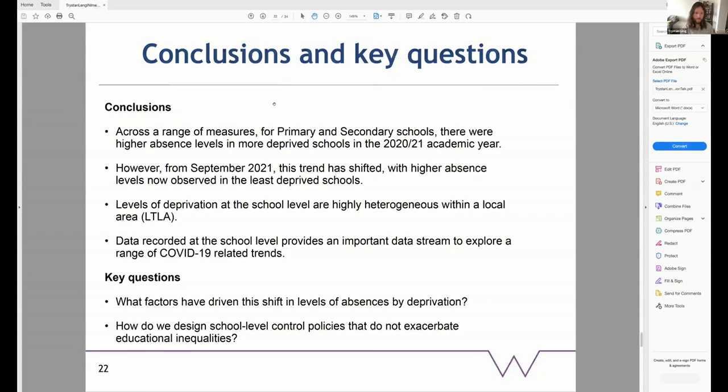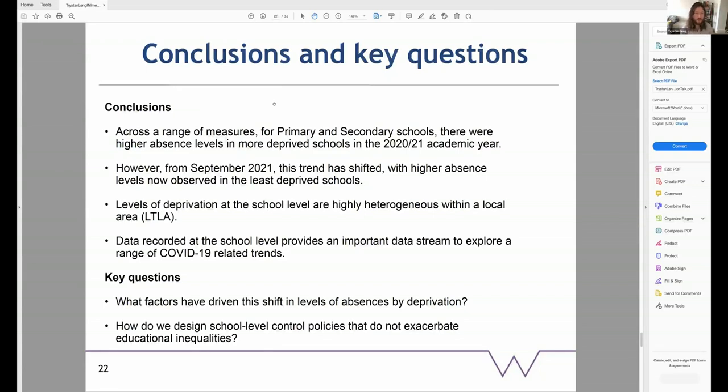schools. A couple of takeaways from the data that I think are important is, one, levels of deprivation at the school level are highly heterogeneous within any local area, and that's true across England. And two, data recorded at the school level can provide a really important data stream to explore a range of COVID-related trends.